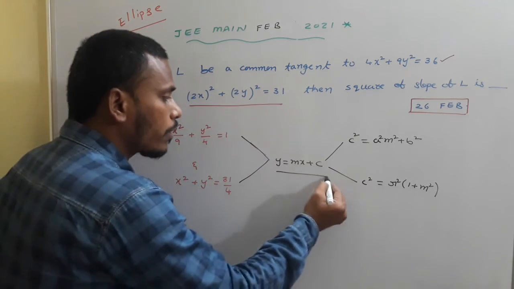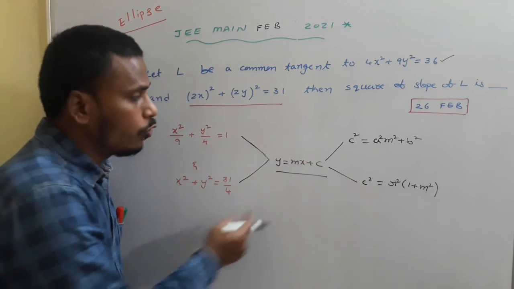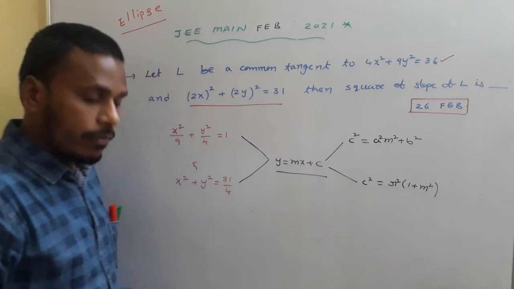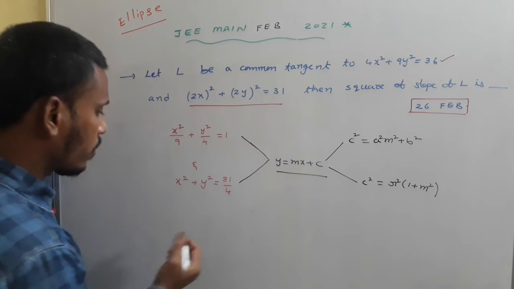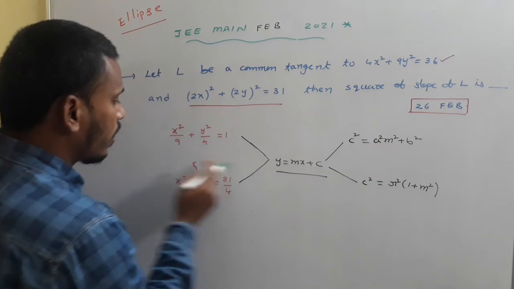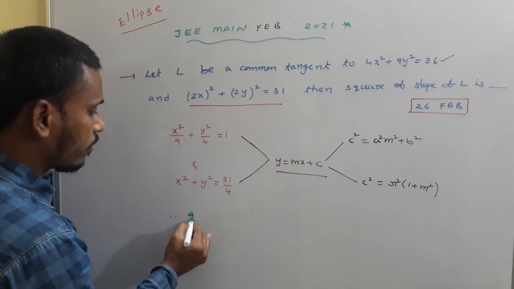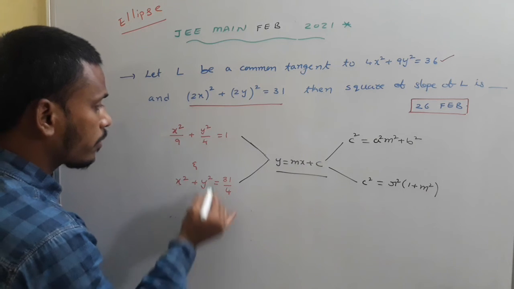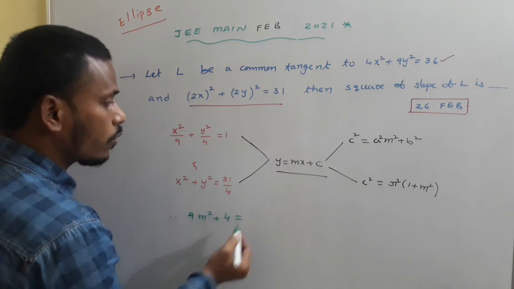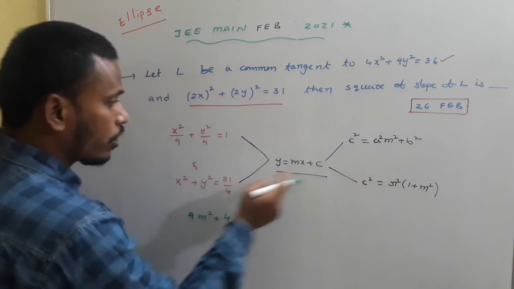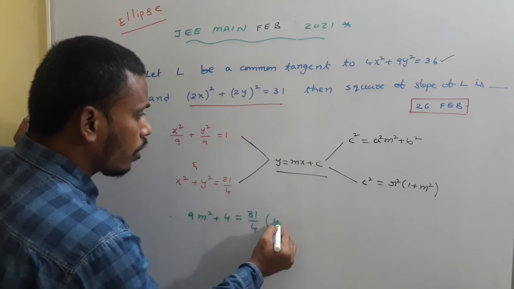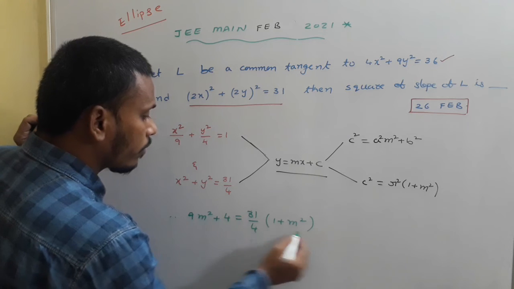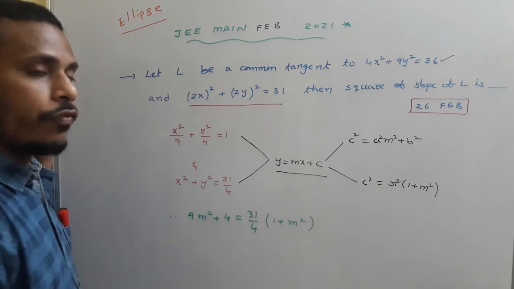Since y is equal to mx plus c is a common tangent for these two, we need to equalize that c square in both the situations. So finally, a square is 9, m square plus b square is 4, equals to, and in the second situation r square is directly 31/4 into 1 plus m square. We need to solve this to get the value of m.